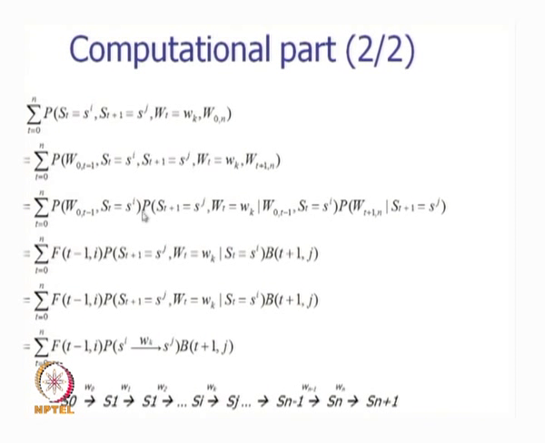So, this part will give us the transition probability. What remains is this part W_{t+1} to n, which is the observation sequence starting from the (t+1)th location to the end of the string, and this again by chain rule has to be conditioned by S_{t+1} equal to S_j, W_t equal to W_k, S_t equal to S_i, and W_0 to t-1.